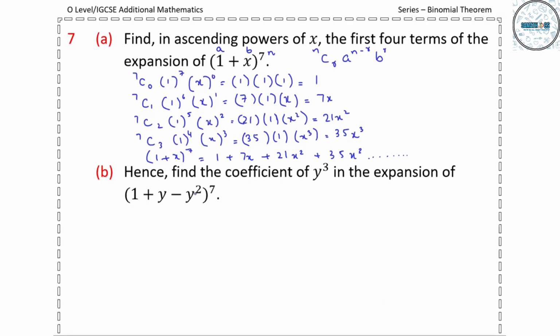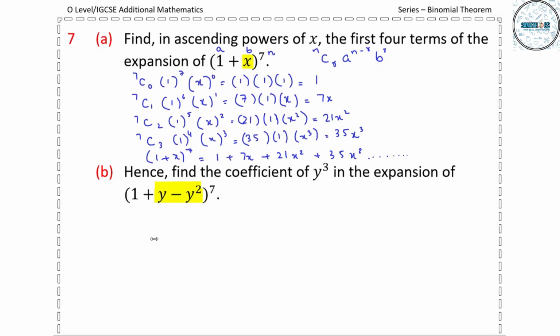Part B, hence find the coefficient of y cube in the expansion of 1 plus y minus y square with power 7. If we compare this bracket 1 plus x with power 7 with this bracket 1 plus y minus y square with power 7, we can see that here it is x. In this case, in place of x, it is y minus y square.